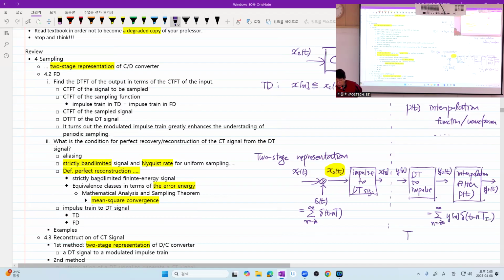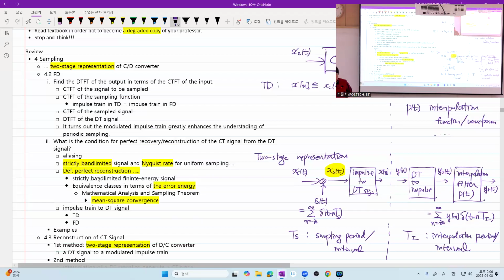By the way, let me distinguish these two. So T sub s is called the sampling period, or sometimes some people use sampling interval. And here T_I is the interpolation period or interval.